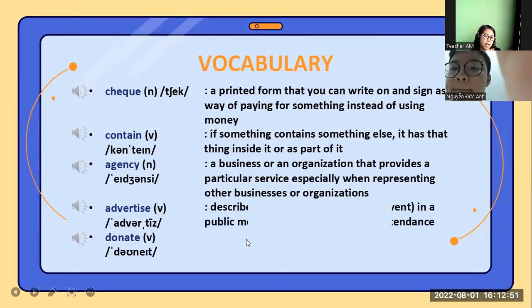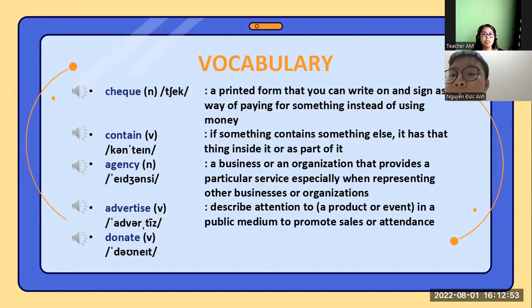Very good. Advertise, draw attention to a product or event in a public medium to promote sales or attendance.